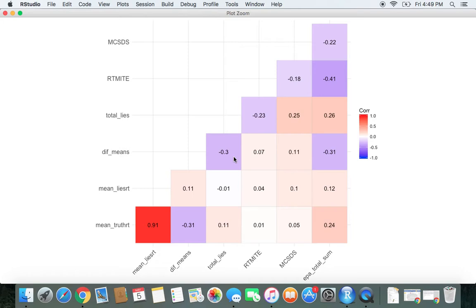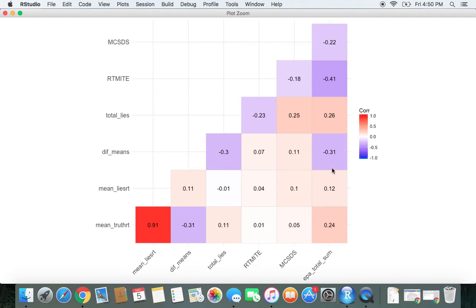We can also look at the difference between means of lying and telling the truth and the total number of lies told. This is very interesting. This is at a negative 0.3, and this is saying that as the distance between lying and telling the truth reaction time decreases, the total number of lies told increases. And this makes sense because people who are telling more lies have more similar reaction times between lying and telling the truth, so that's pretty cool.